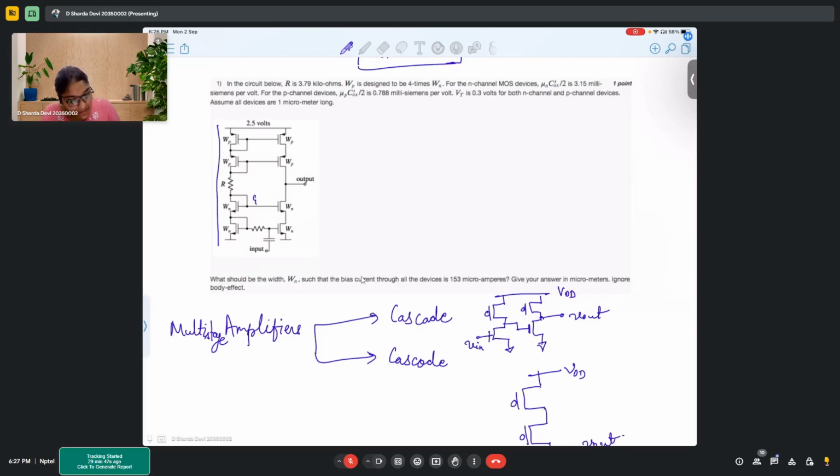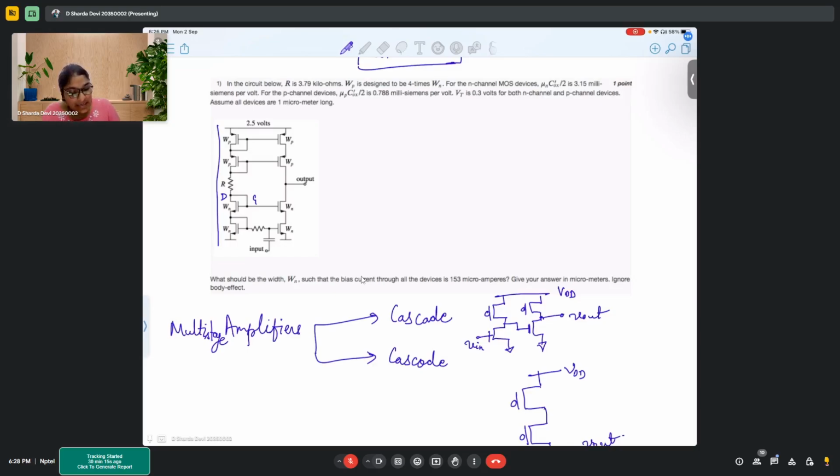And if we see very carefully, the gate and drain of these transistors have been shorted, right? So when gate and drain of transistors are shorted, all these transistors are in saturation. Now, the gates of the two transistors have been connected.